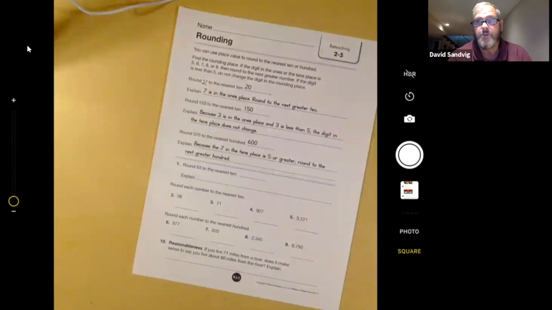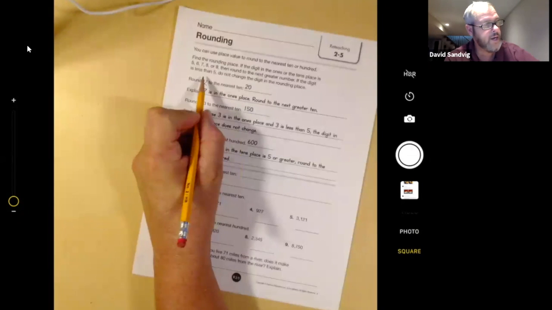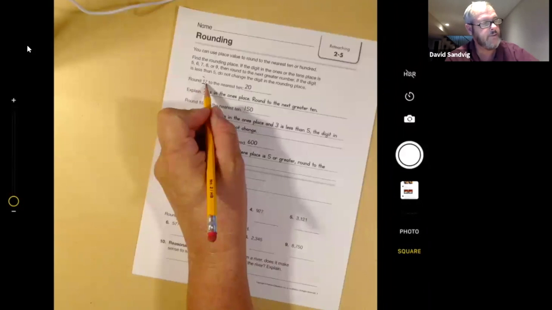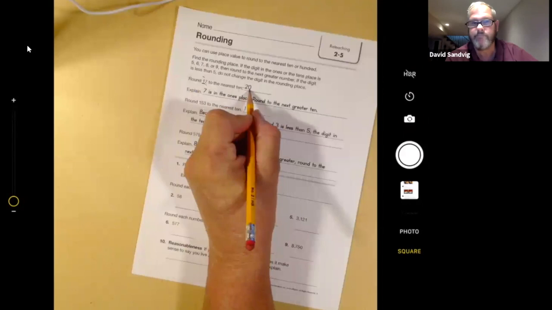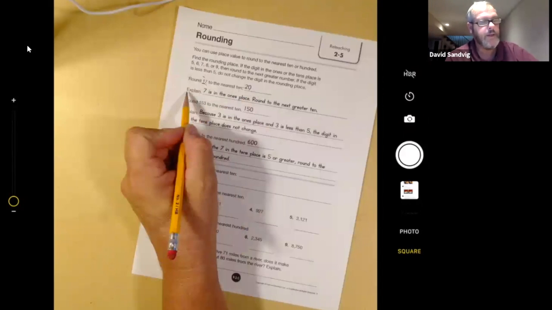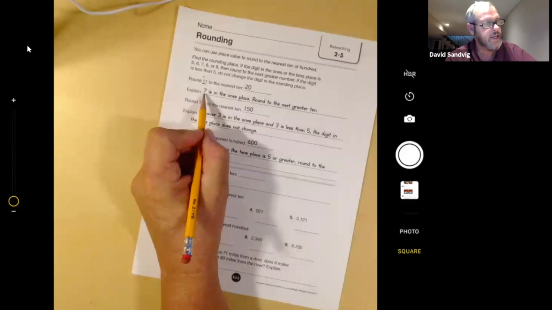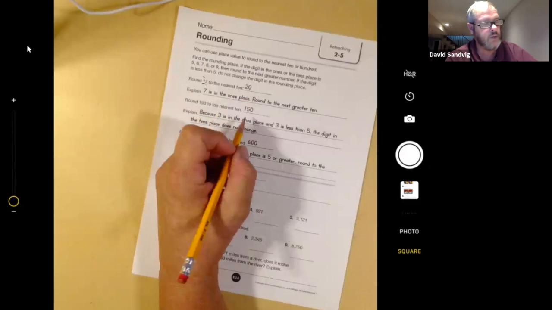If it's 5 or more, raise the score. 7 is 5 or more, so we're going to raise the score, or raise the tens to a 2 and make the 7 a 0, and our answer is 20. It's pretty simple. Then I want you to explain, and here it is. 7 is in the ones place. Round to the next greater 10.